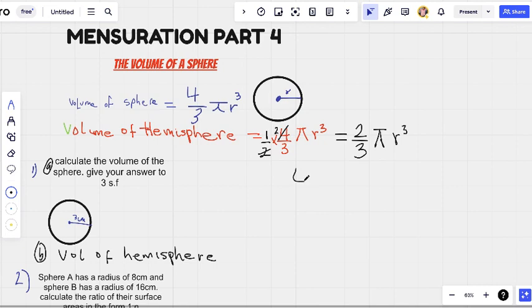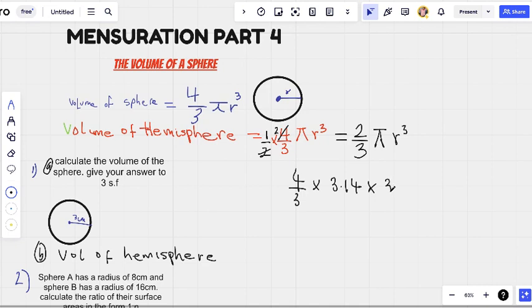So we have 4 over 3 times, what's the value of pi? 3.14. Or if you like, you can put the pi straight away, 3.142 or 3.14 for simplicity, times the radius, which is given to us and is 3.